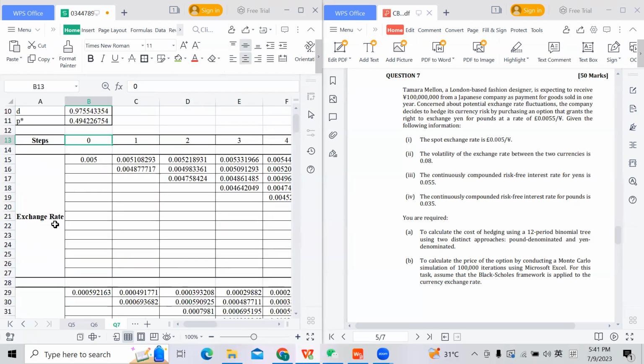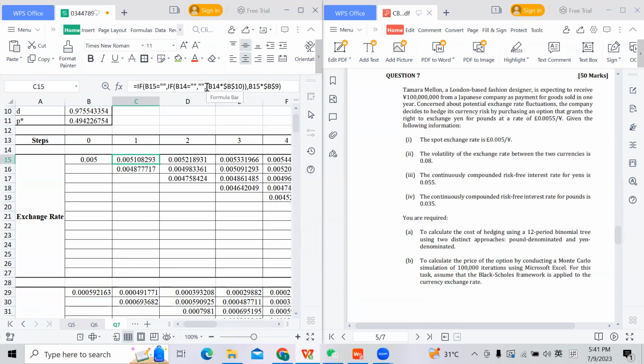First we need to calculate the exchange rate, which is treated like the calculated stock price. So we need to compute the SU and SD, also using an Excel formula. If B15 is blank, we get the next value. We look at whether B14 is blank; if so, we leave it blank.